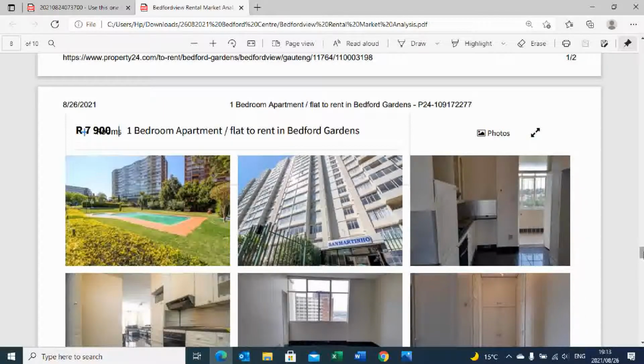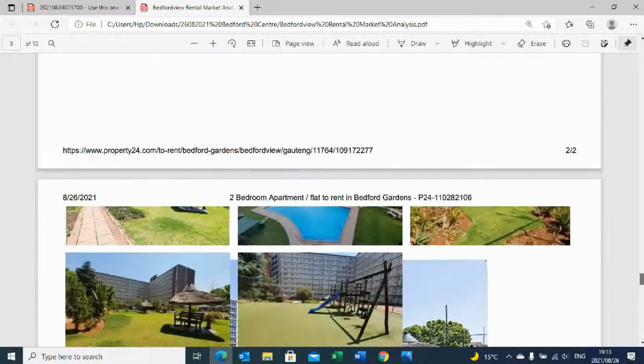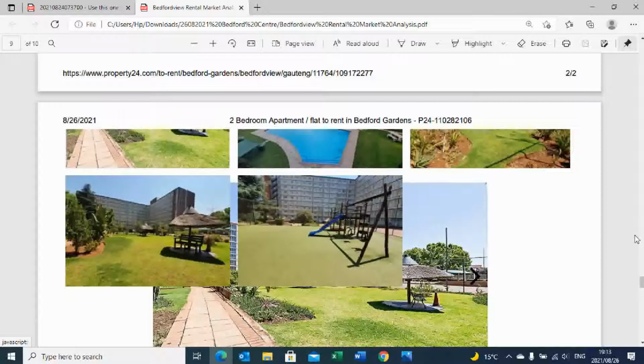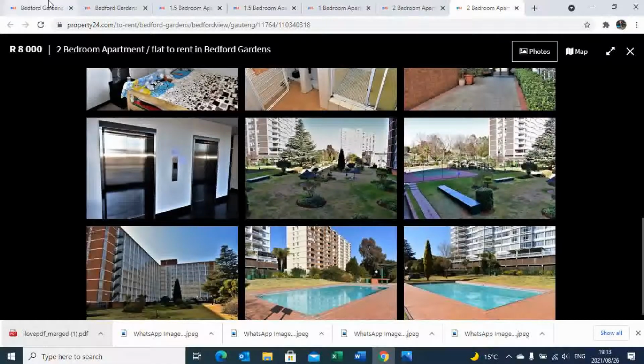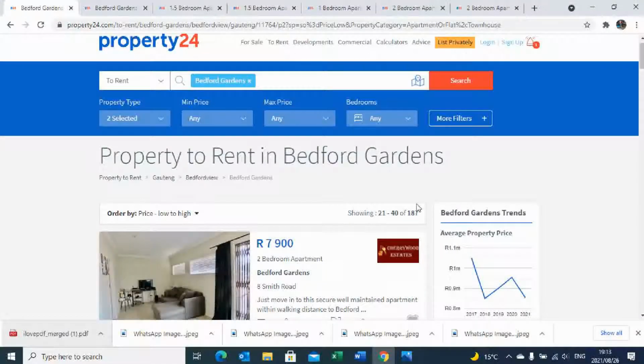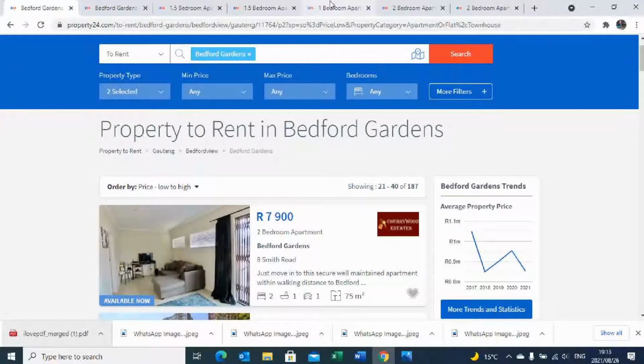Okay, but now if you consider that you also have 2 bedrooms that are going for 7,005, even up to, let's see, when we go to the bigger model, you see you've got another 2 bedroom, 75 square meters.